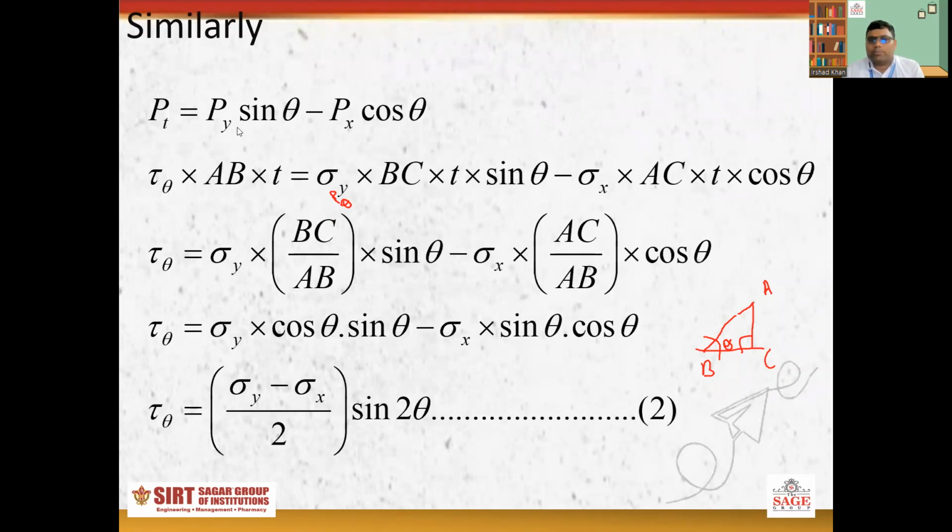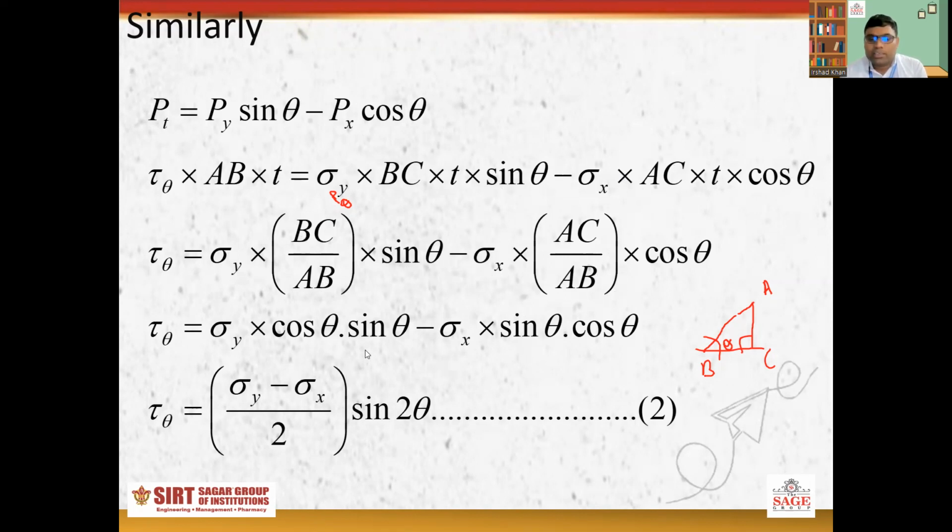That equation is Pt equals Py sine theta minus Px cos theta. Just put values. This Pt is tau theta into AB into t, and similarly that is equal to sigma y BC into t sine theta minus sigma x AC into t cos theta. Similarly, the t cancels out on both sides and we divide by AB on the right side equation. So BC upon AB is cos and AC upon AB is sine.